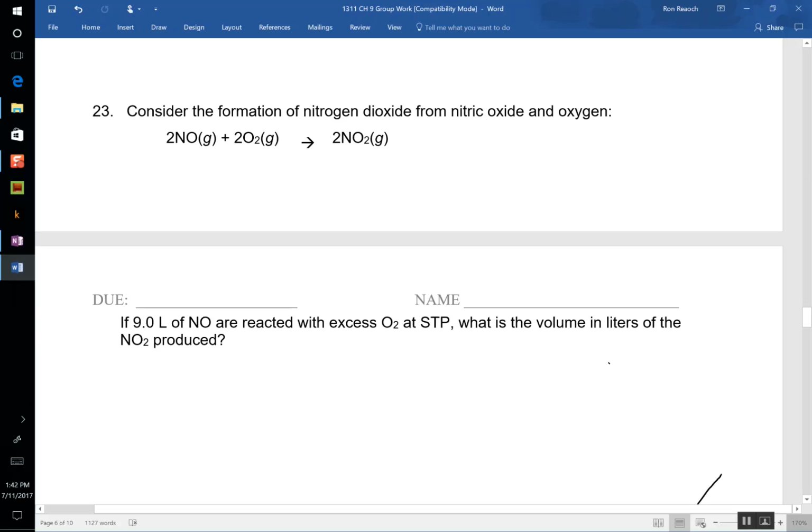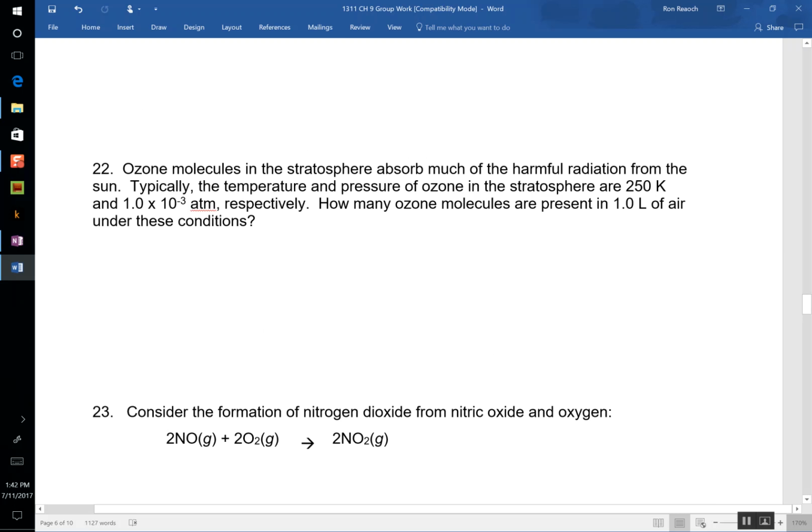You're at STP. What is the volume in liters of the NO2 produced? Oh well, let's just leave that.